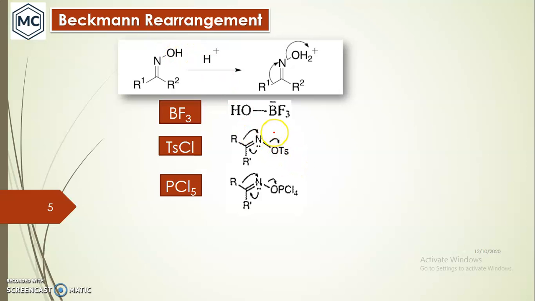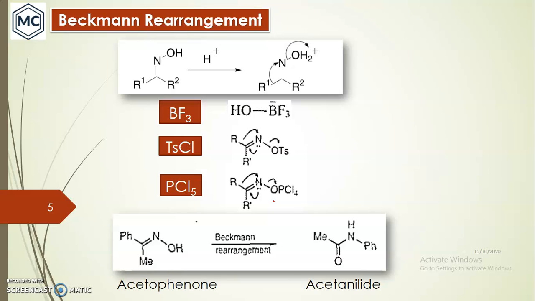This is a good leaving group and it undergoes rearrangement like this. And if you are using phosphorus pentachloride, you get a phosphate chloride leaving group like this. So these are the different leaving groups. And next, R1, R2 can be alkyl or aryl or hydrogen.